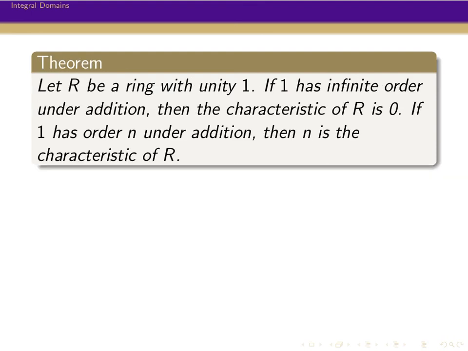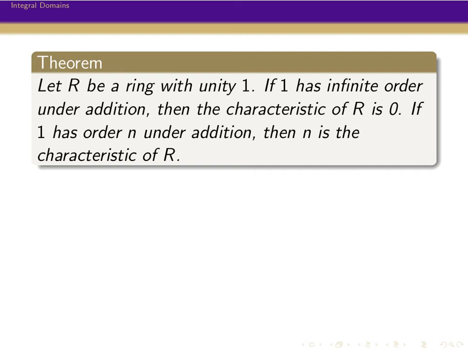Okay, final theorem. Let's start with a ring with unity. So we're going to let R be a ring with unity. So we know that it has unity 1 in it. If 1 has infinite order under addition, then the characteristic of the ring is 0.